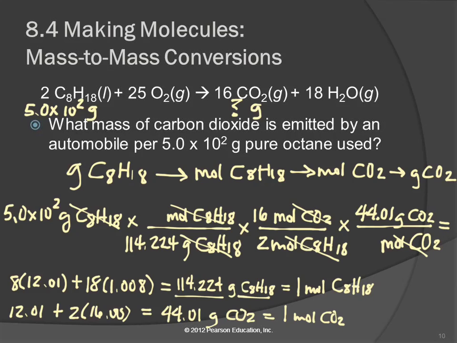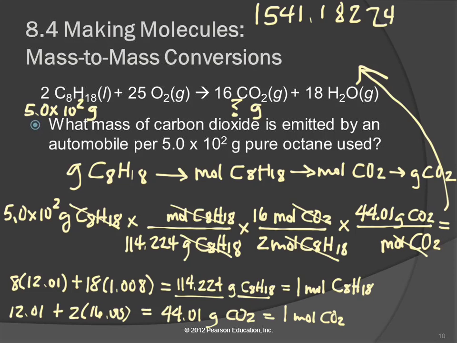So 5 times 10 to the 2 divided by 114.224 times 16 divided by 2 times 44.01 equals. And this is a big number. I'm going to bring it up top here. My calculator says 1,541.18224. And the units will be grams of CO2.